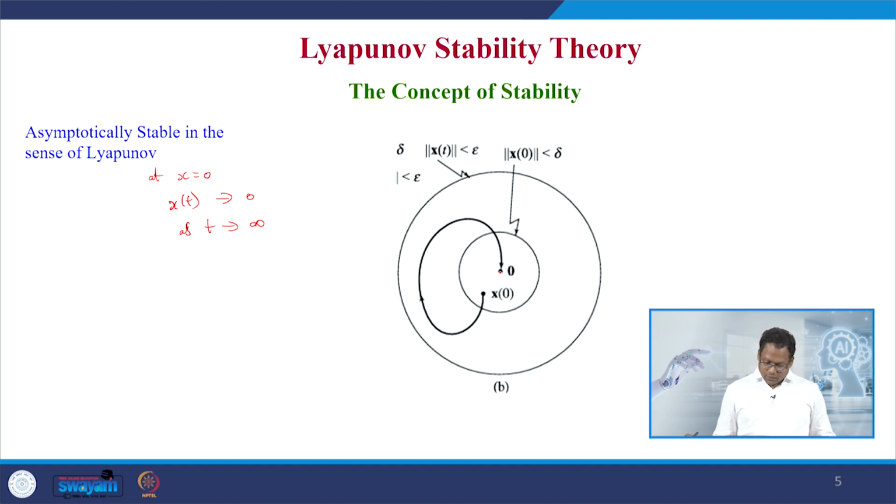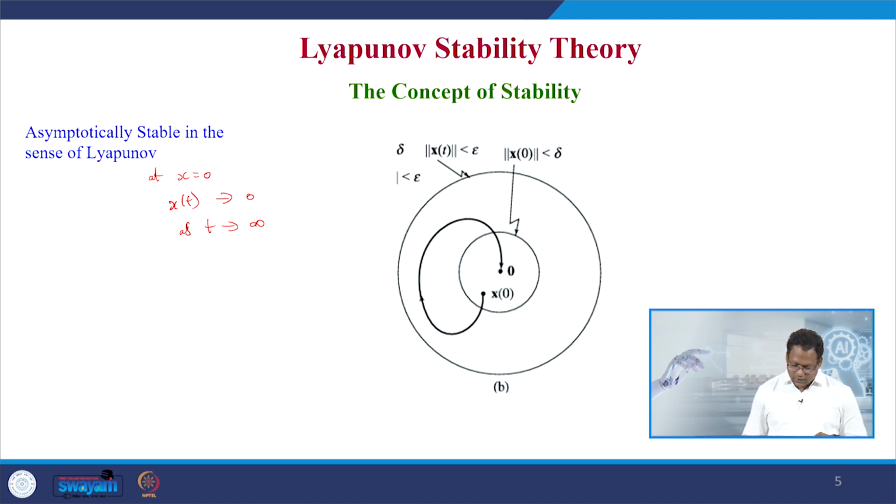But for a bounded initial condition, if the state trajectory comes and settles at the equilibrium point x e, which is the origin, as time t approaches infinity, then the system is asymptotically stable in the sense of Lyapunov.